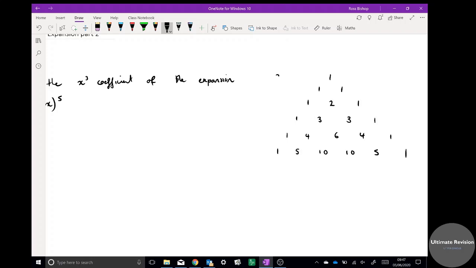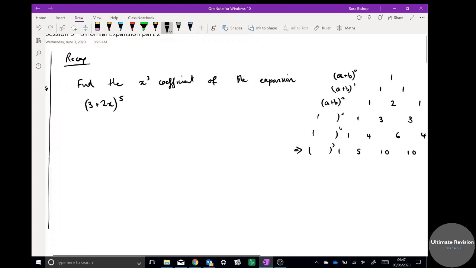Remember the top row is (a + b) to the 0, this one's (a + b) to the 1, and so on. So this is going to be 1, 5, 10, 10, 5, 1. We're going to use that row there to help us.